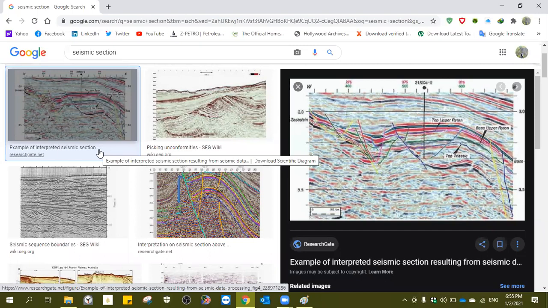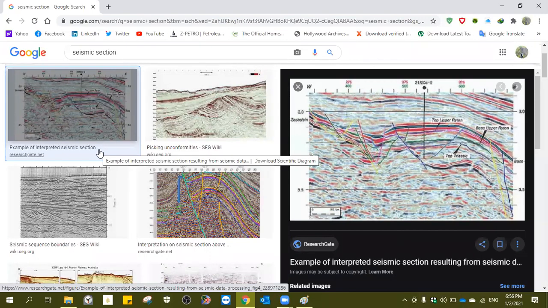So these sweet spots, bright spots and dim spots are known as DHIs. Initially, when this technology came into existence in the oil and gas industry, DHI was known as the dry hole indicator, because on the basis of this technology and seismic amplitude study, many wells were drilled, and many of them were dry.